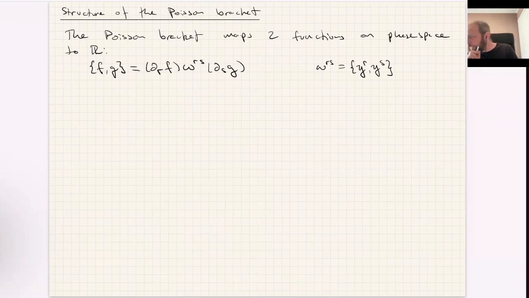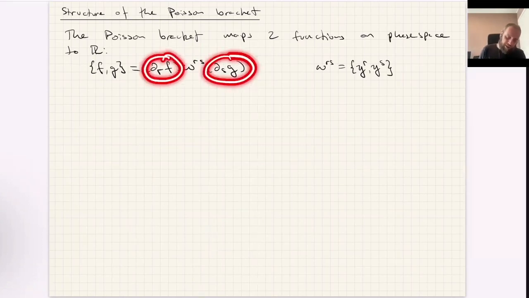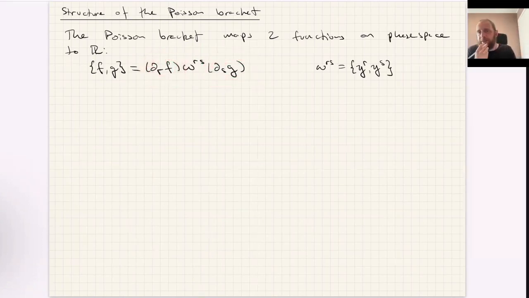Okay, so that's that structure. But you can recognize this somehow, right? What we have here is something with upper indices, and we can recognize these things. They are the components of the differentials of f and g.